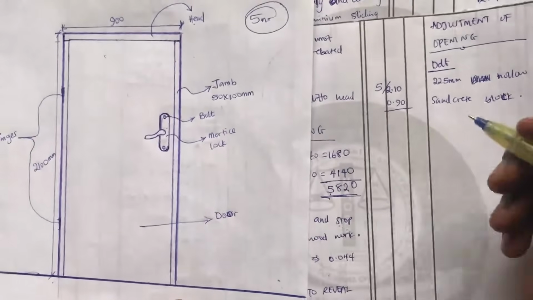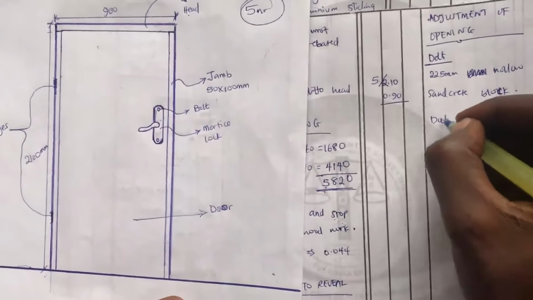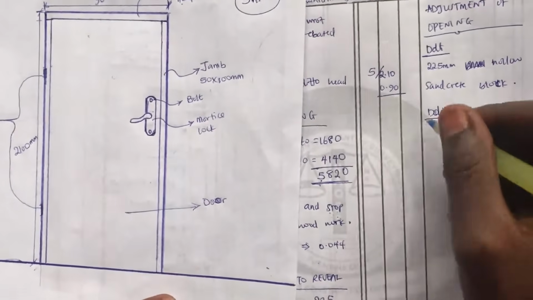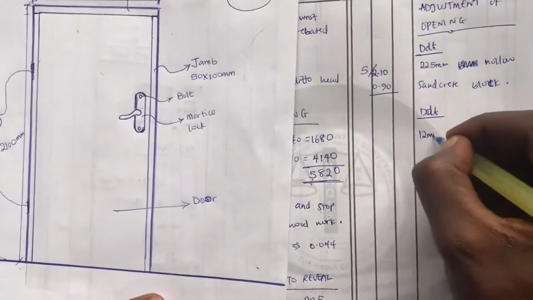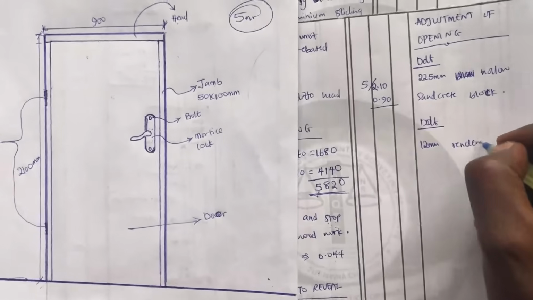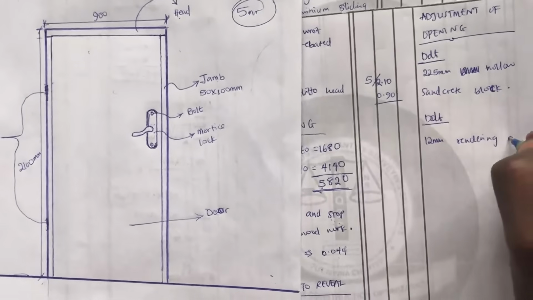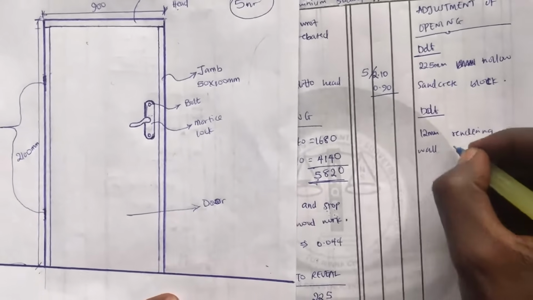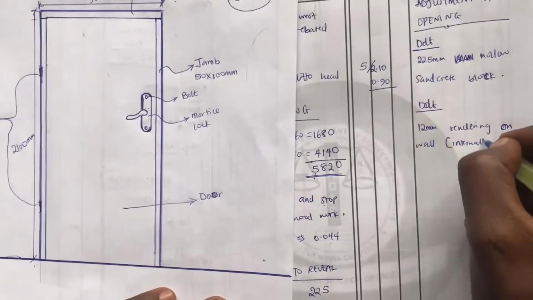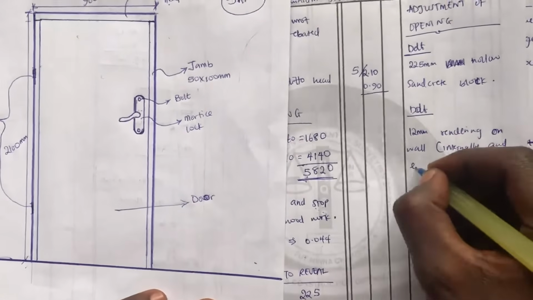So let us move on to rendering. I would still say deduct 12 mm rendering on wall, internally and externally.